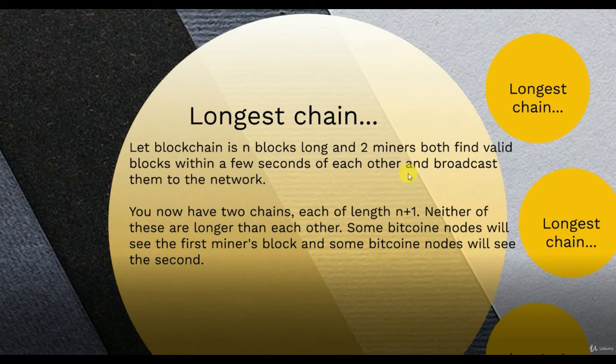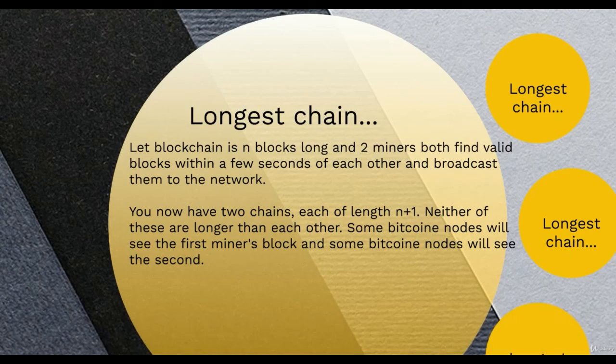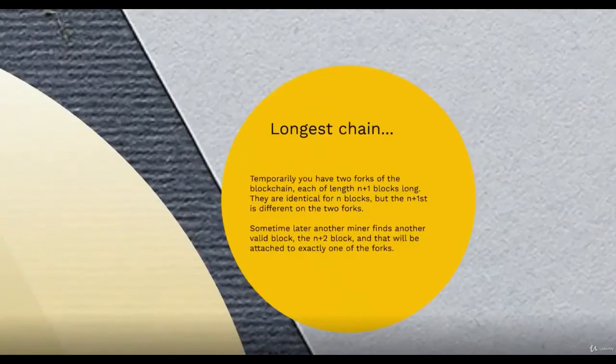So n plus 1, each B5 block will be added, and now there will be 2 forks. Some Bitcoin nodes will see the first miner's block and some nodes will see the second miner's block, naturally, because both are added.